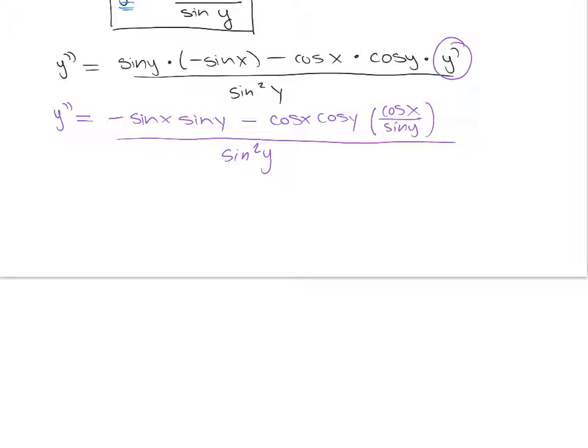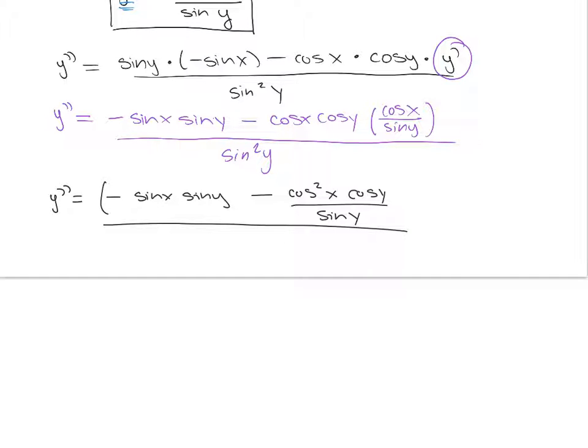Okay, so that's negative sine x sine y minus cosine squared x cosine y over sine y, all of that business over sine squared y.